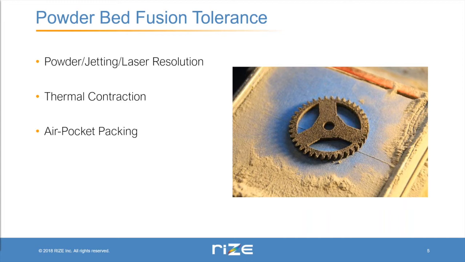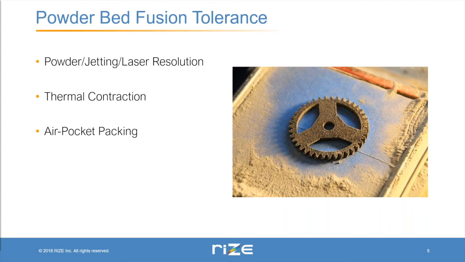So in the case of powder bed fusion, the X, Y, and Z resolutions are all essentially dependent on the resolution of either the print heads that are jetting your binding material, or on how narrow of a laser beam can be produced and how practical it can be to reduce the laser beam to such a fine space. So that's one of the limitations on resolution.